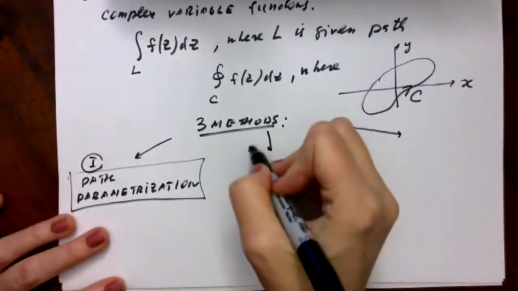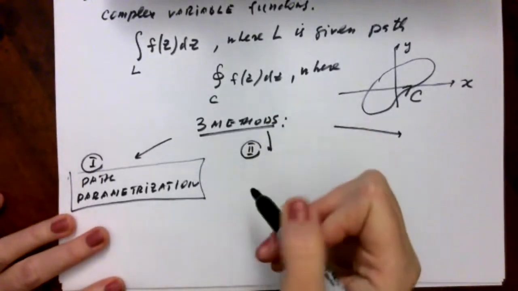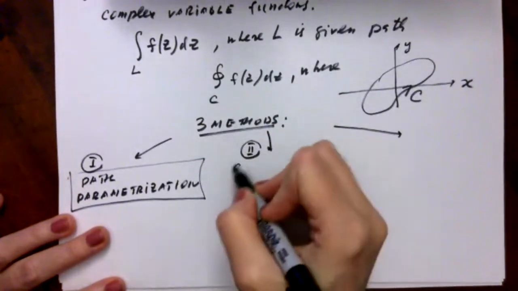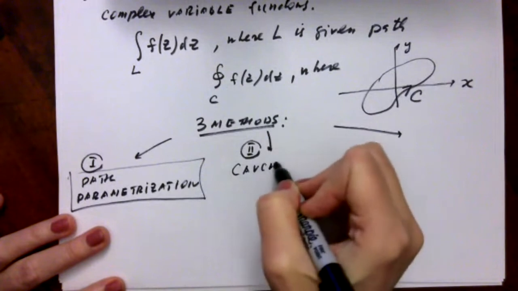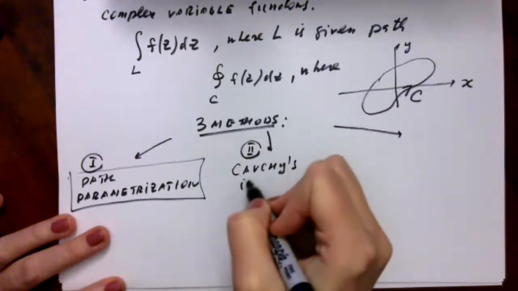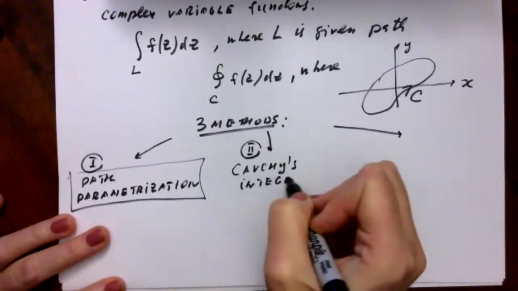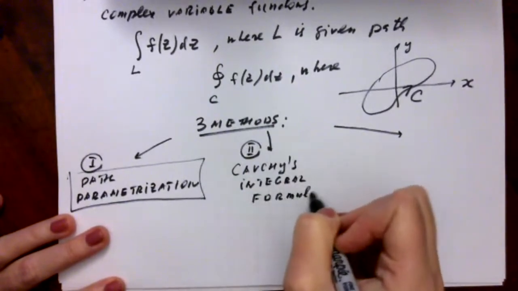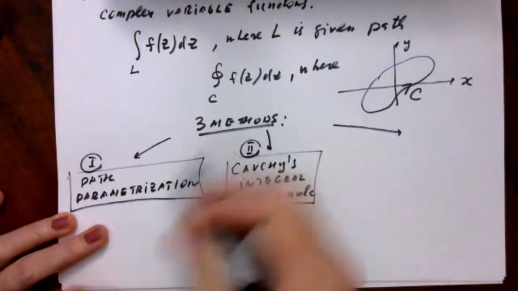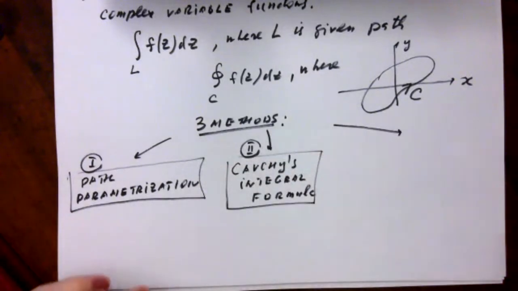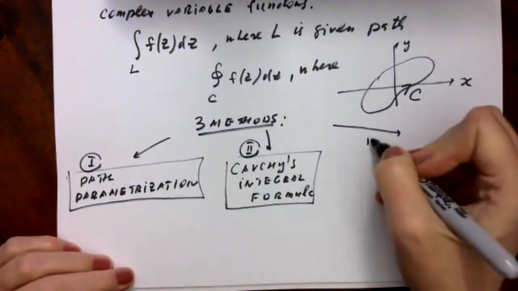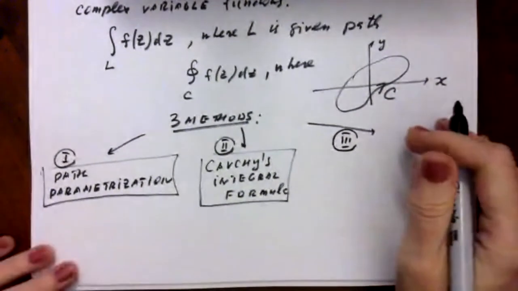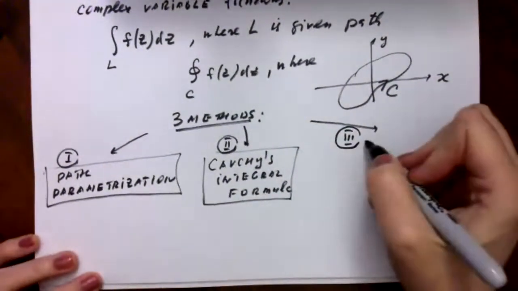The second method is called Cauchy's integral formula. This is going to be the second method. And finally, the best and the most general will be called Cauchy's residue theorem.